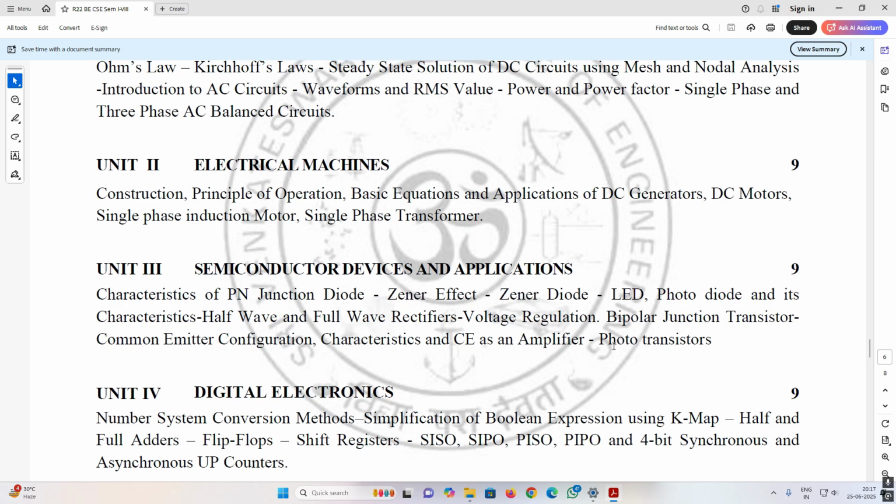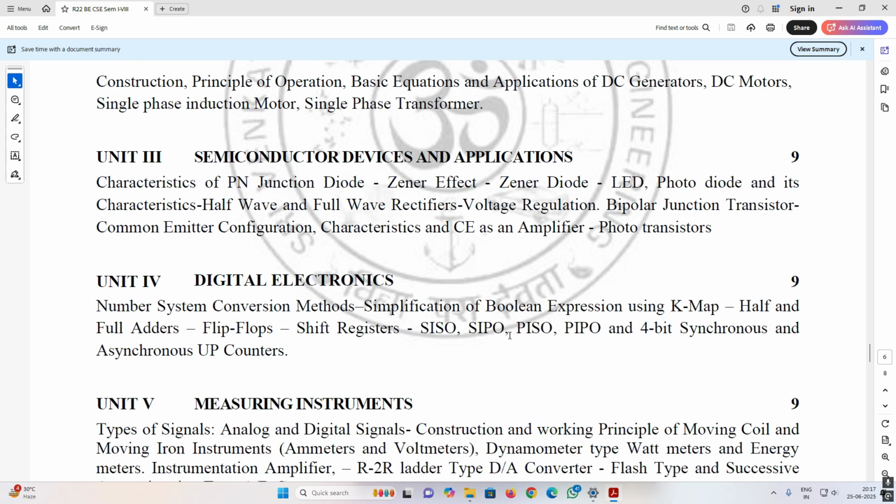And we also discuss photo transistors, right?